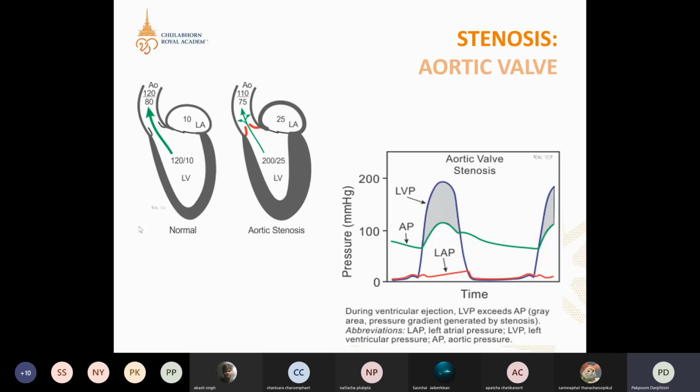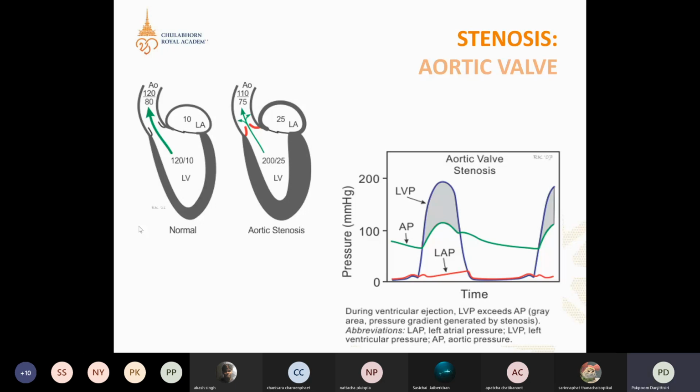Let's imagine there is no disease in the aorta, but the disease is occurring at the aortic valve, right? So the pressure from the LV will try to overcome the aortic valve that is stenotic.